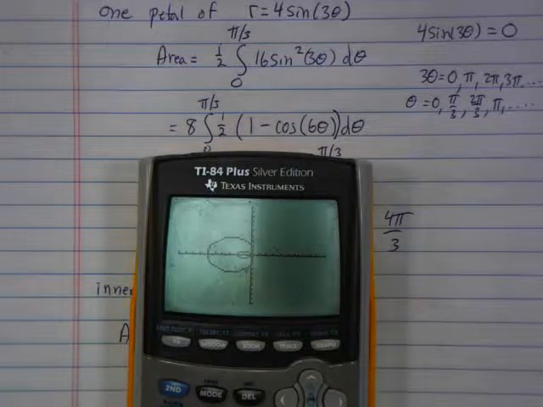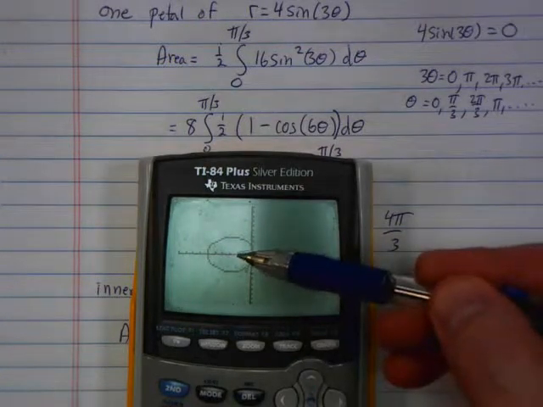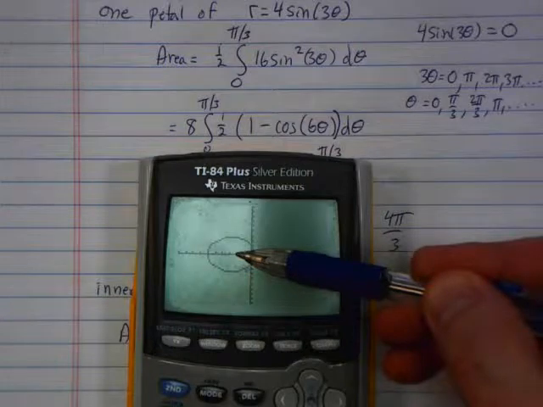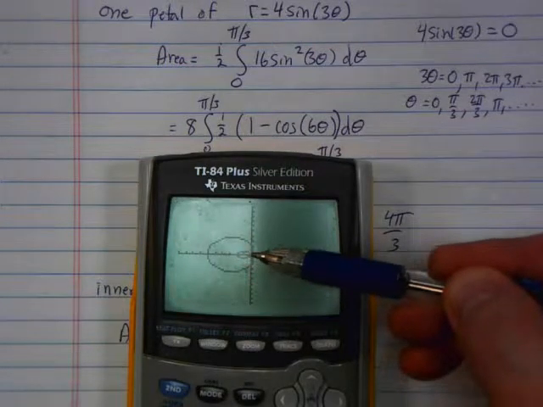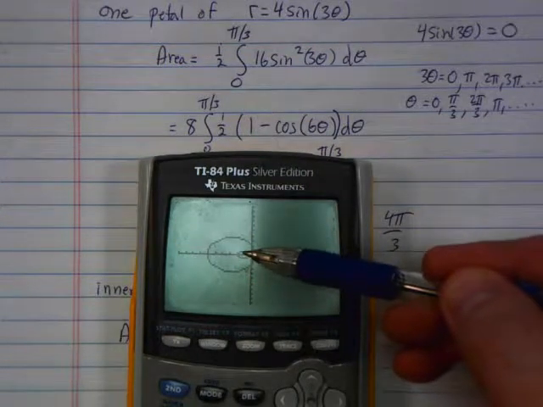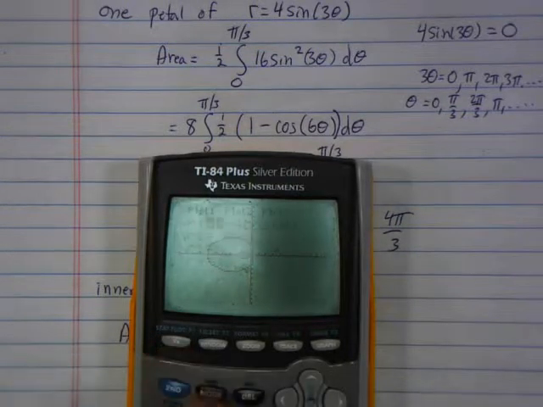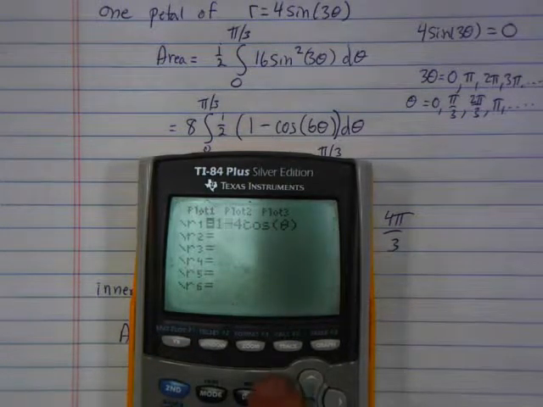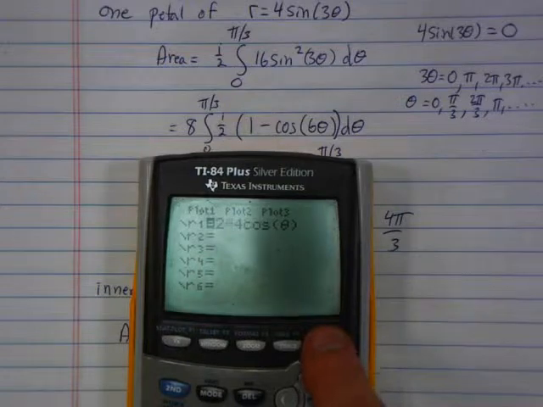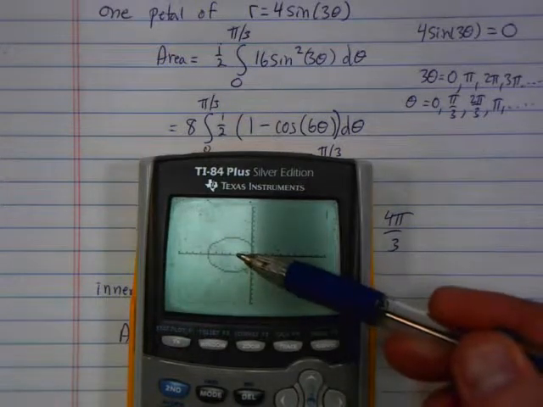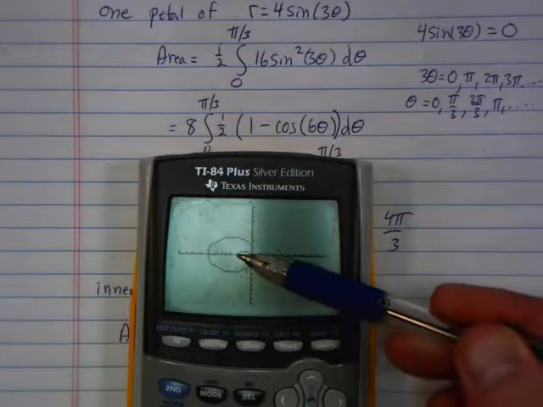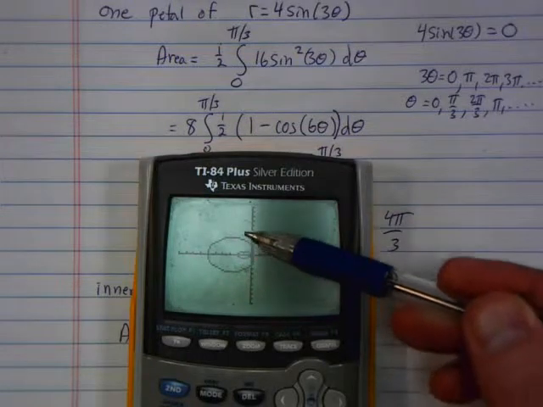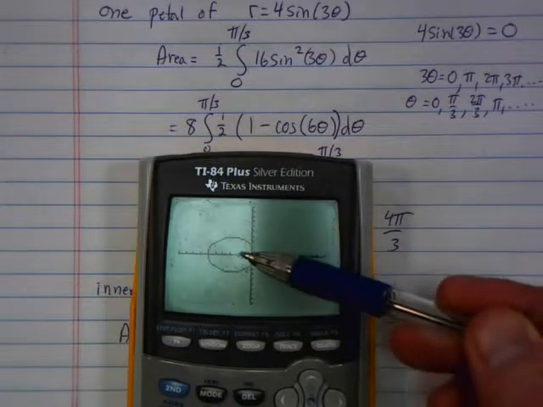So how did the calculator draw that? It started right there, didn't it? And drew the bottom part of that inner loop. Let's watch that again. Change something. I wish I could slow it down. Did you see it started right there and drew the bottom half of the inner loop? And then it did the big part, and then it did the top half of the inner loop.